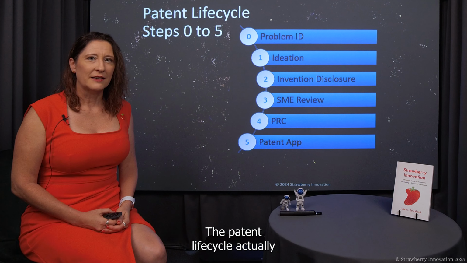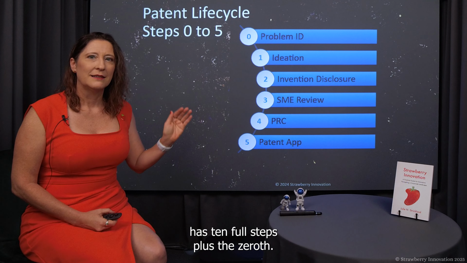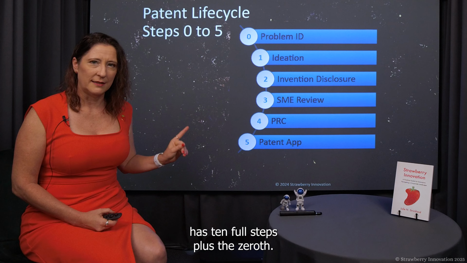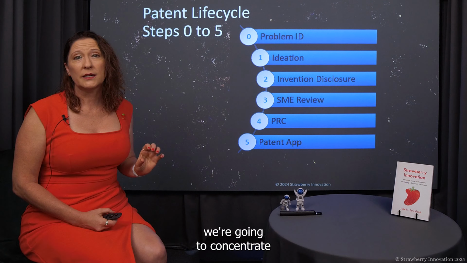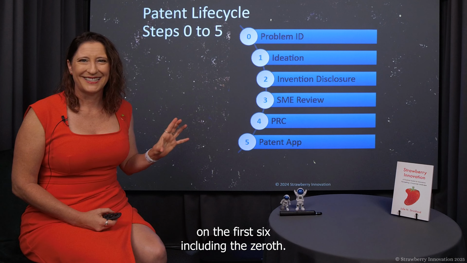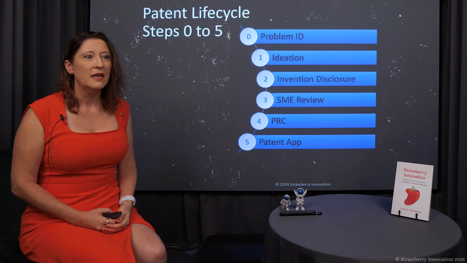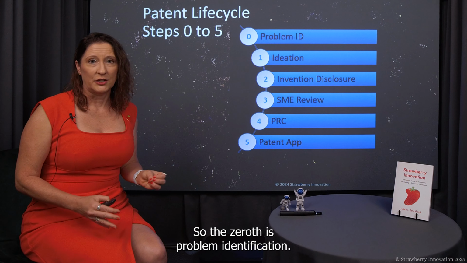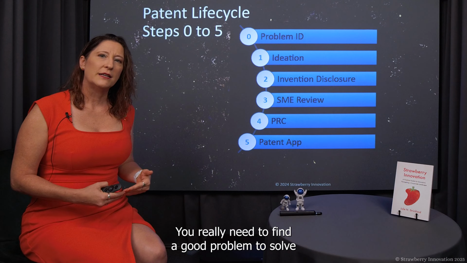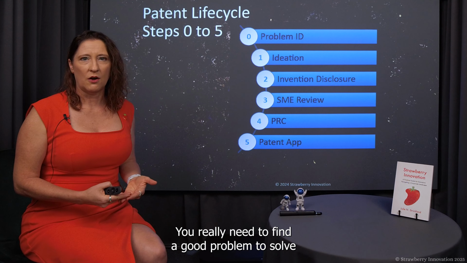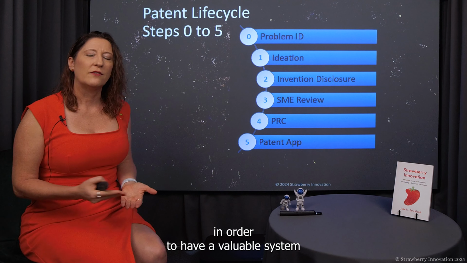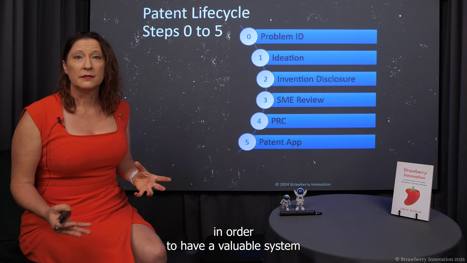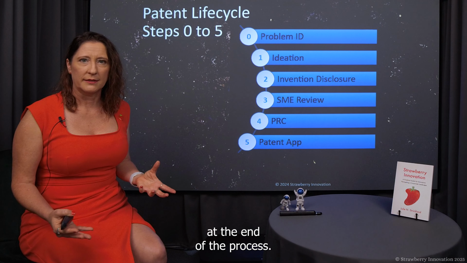The patent life cycle actually has 10 full steps plus the 0th. But today we're going to concentrate on the first 6, including the 0th. So the 0th is problem identification. You really need to find a good problem to solve in order to have a valuable system at the end of the process.